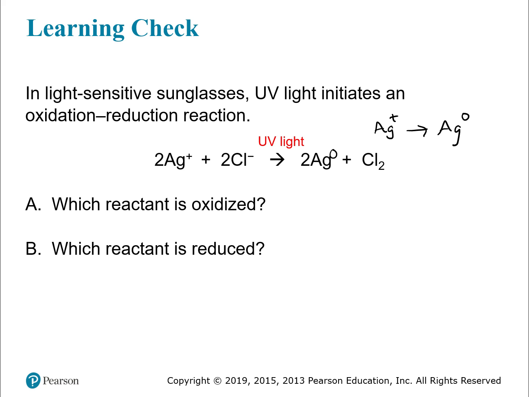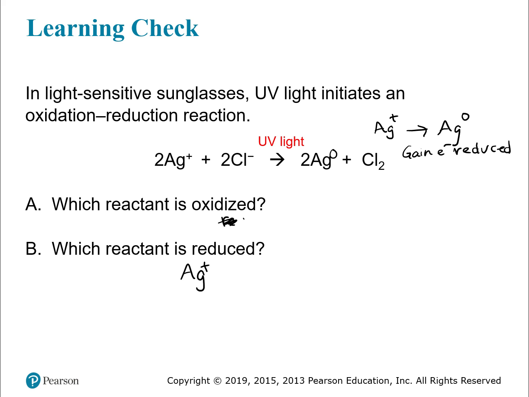No charge, it's neutral. If you go from having a positive charge to no charge, that means that you've gained an electron. And when Leo says grr, that means you have reduced. So the silver ion is reduced.